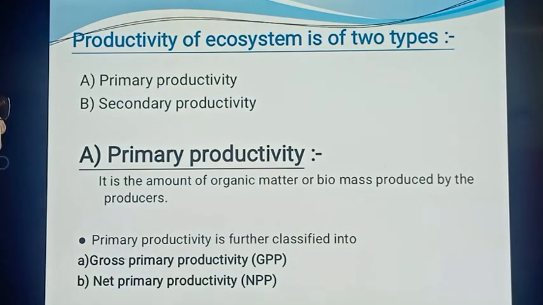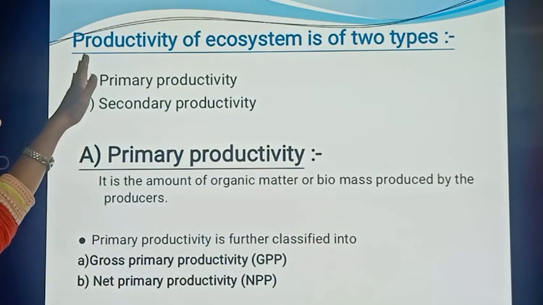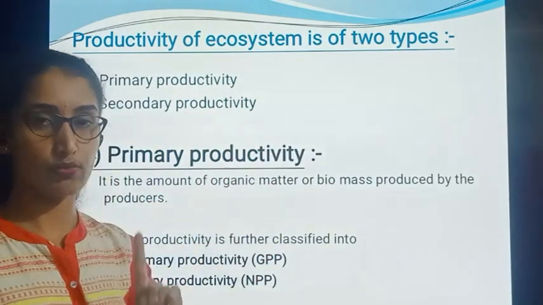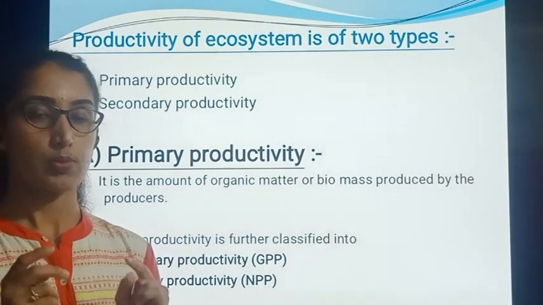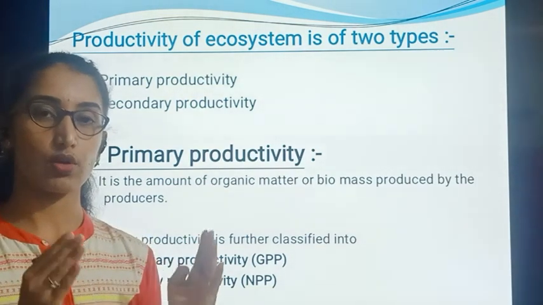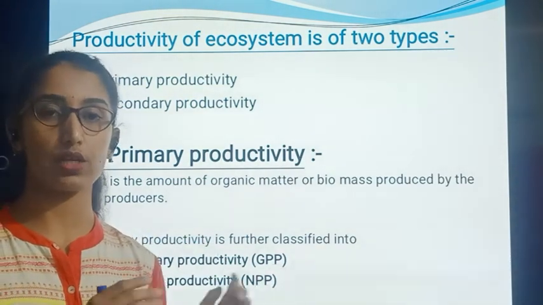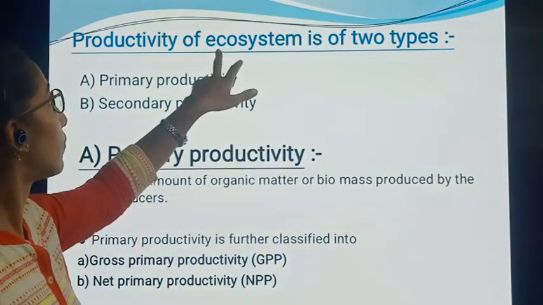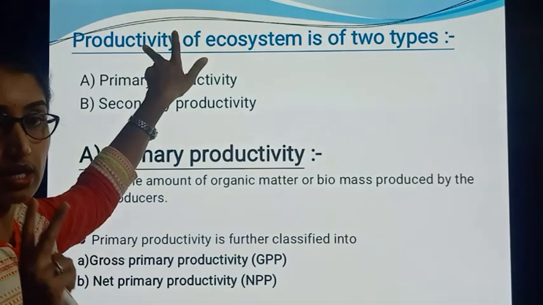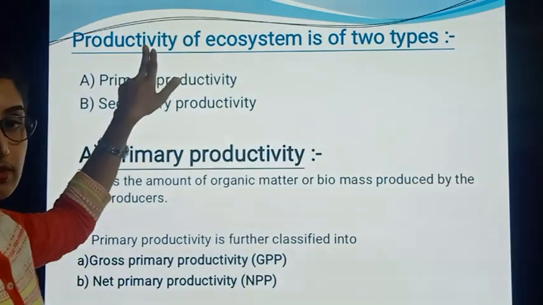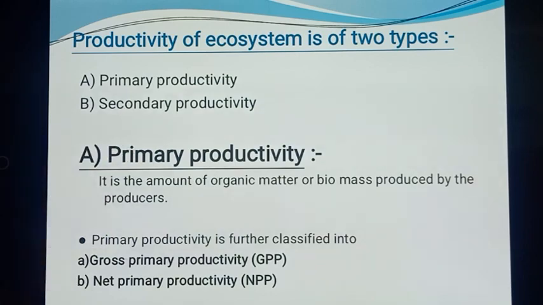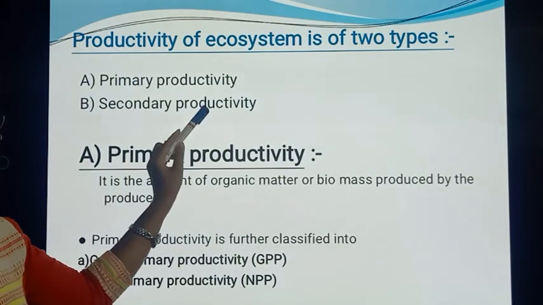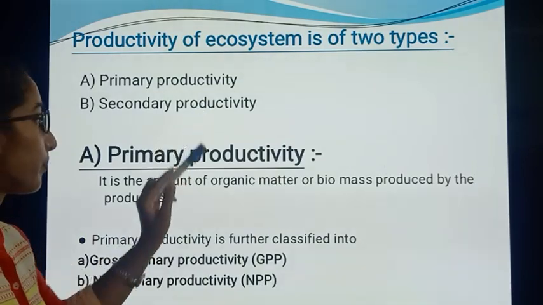Next, productivity of an ecosystem is of two types. First of all, we said productivity is one of the functions of the ecosystem. Now we are seeing the different types of productivity. There are two different types: the first one is primary productivity and the second one is secondary productivity.